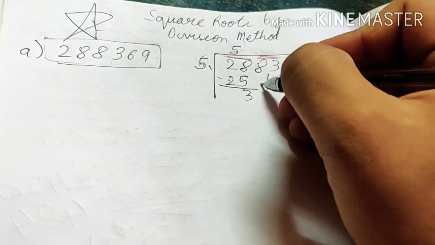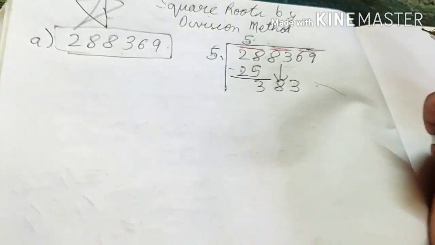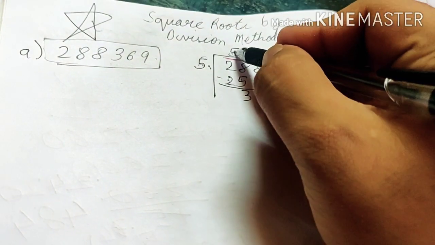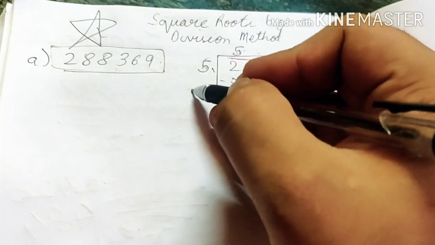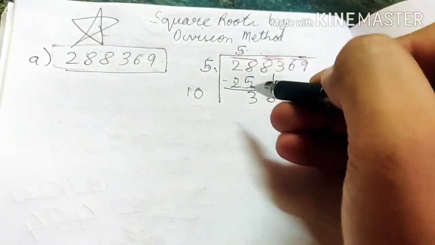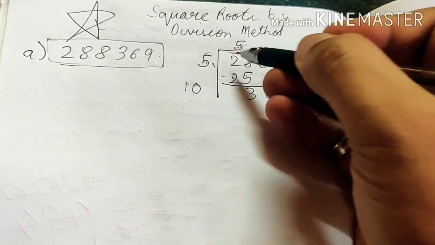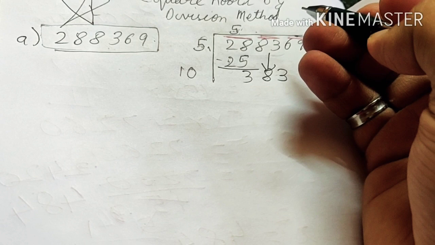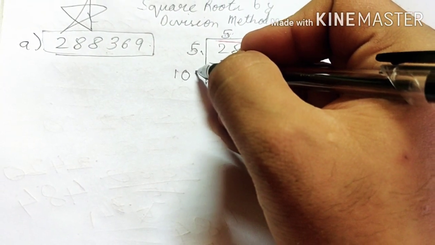Now we will take this whole pair down. Then we will double the number that has come in the quotient. 5 twos are 10. We have just doubled the quotient. Now we will proceed by writing a number like 100.